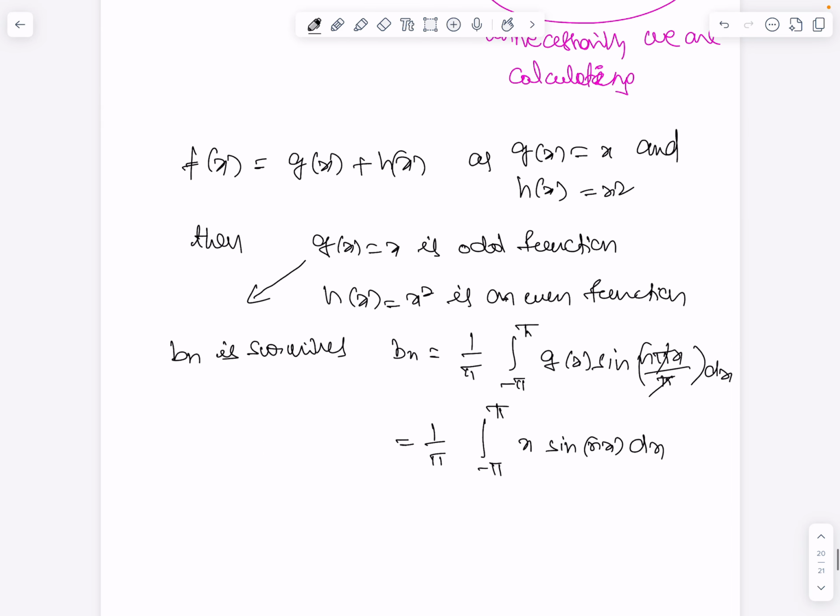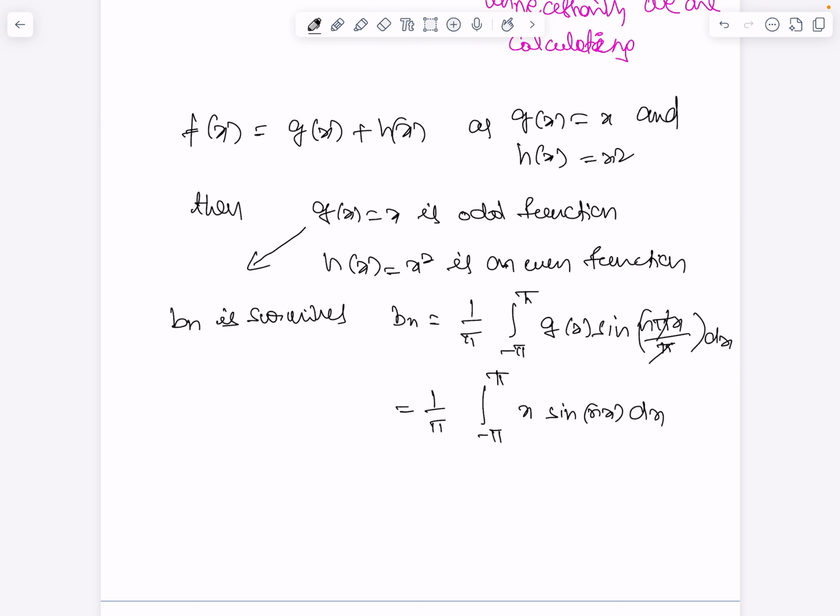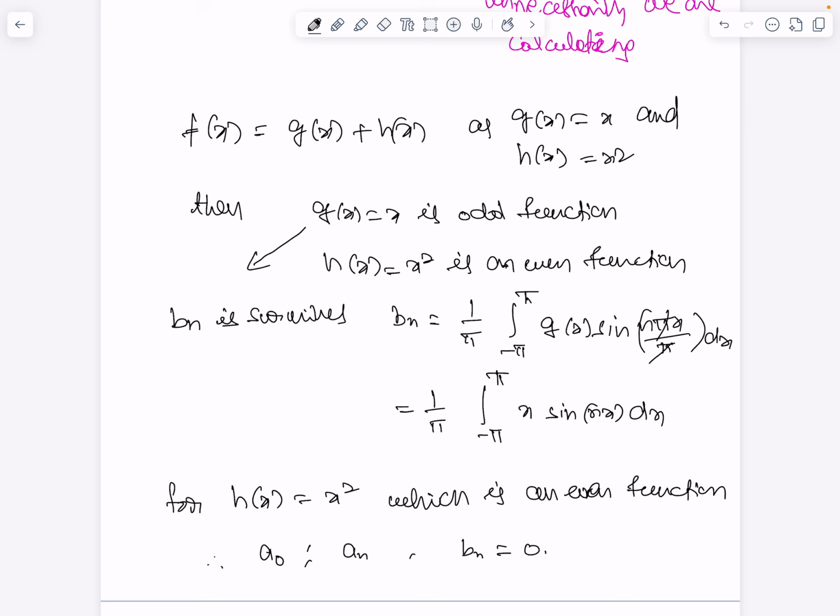And similarly, if you look at h of x is equal to x square, which is an even function, therefore in the Fourier series of h of x, a naught survives, bn is equal to 0 by default.